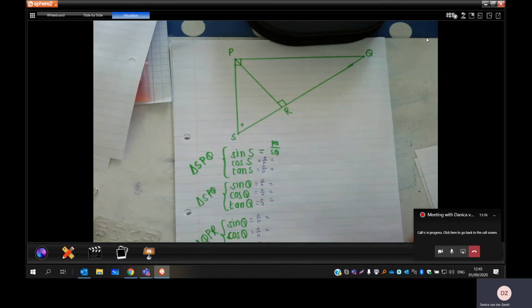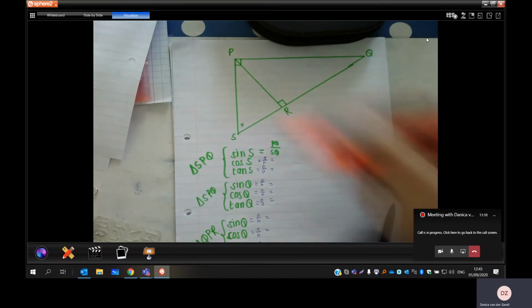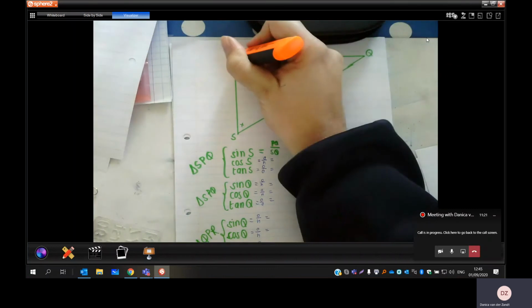So I'm looking at my big triangle and I'm going to highlight it orange just so that I know that's what I'm looking at.